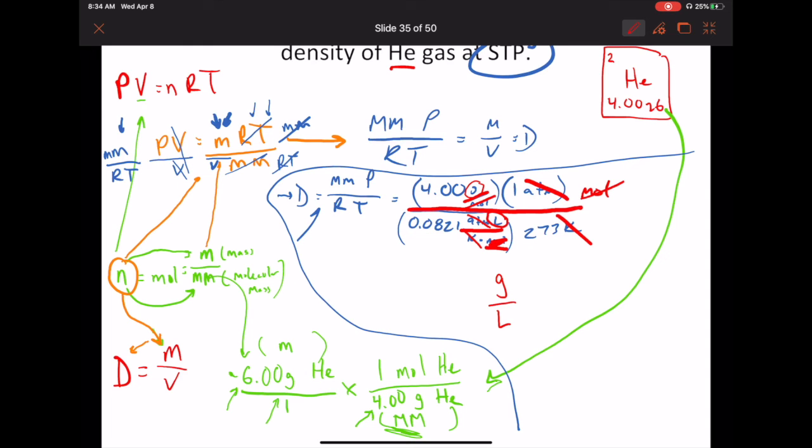And then you just have to plug this into your calculator. You would do 4 times 1, and then hit equal, divided by 0.0821, hit enter, and then divided by 273, hit enter, and that should give you the density of helium at STP with 3 sig figs.